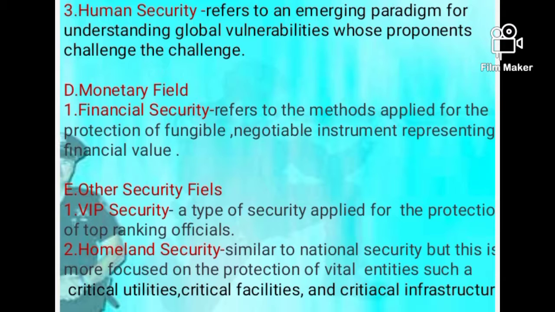It may be used interchangeably to mean the same as close protection operation. Number 2. Homeland security, similar to national security, but this is more focused on the protection of vital entities such as critical utilities, critical facilities, and critical infrastructures.